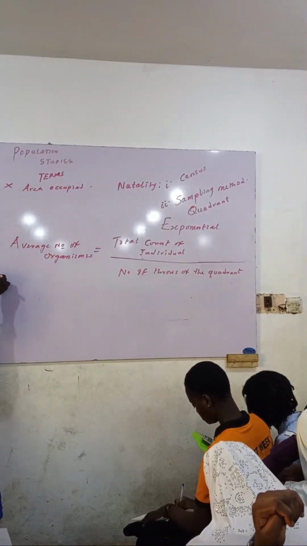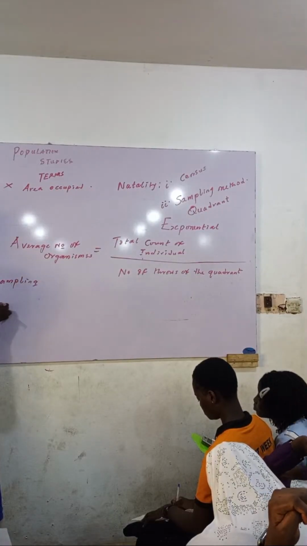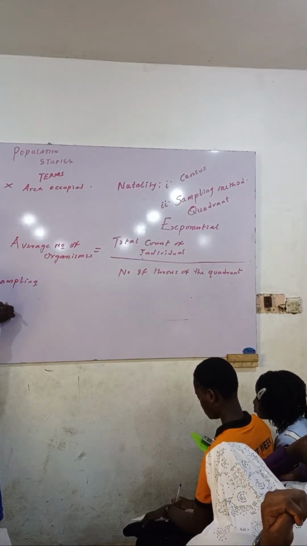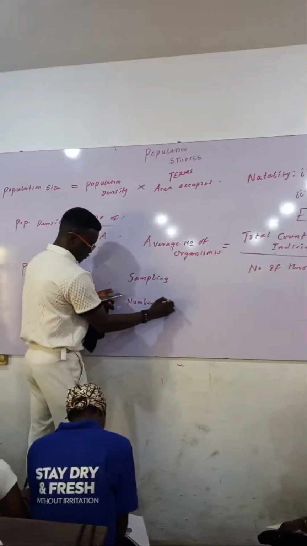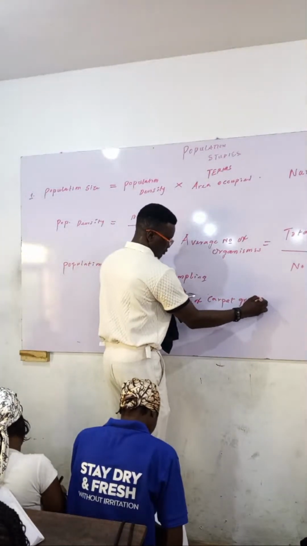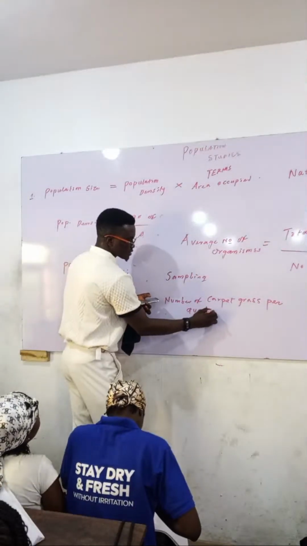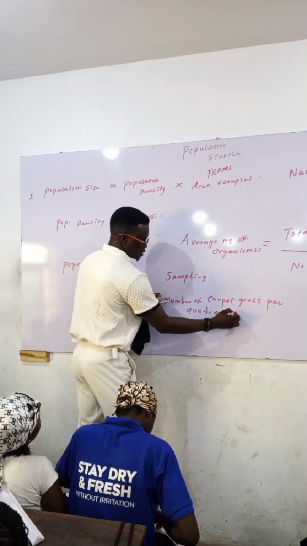So we have a table. Sampling, number of carpet grass per quadrant area.